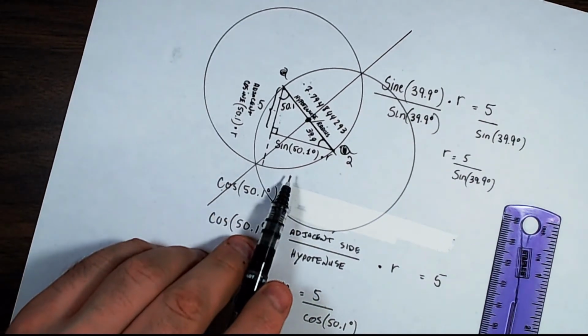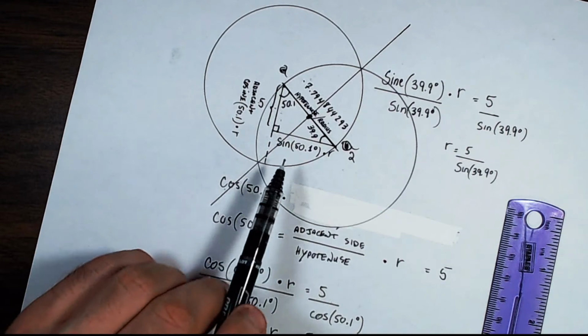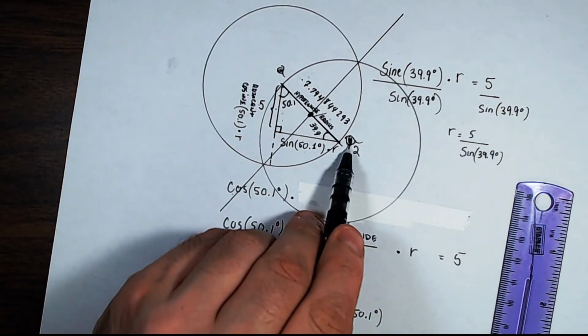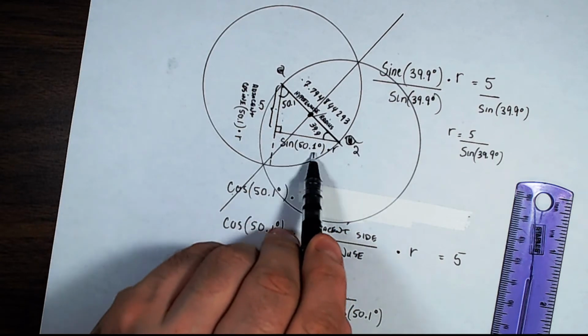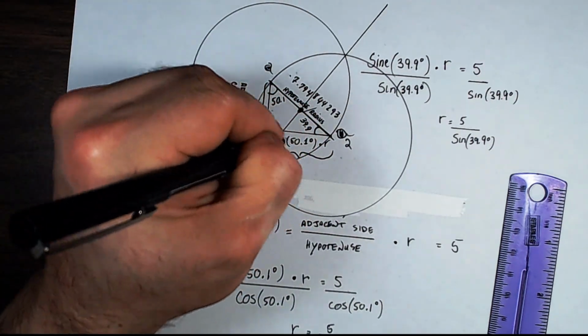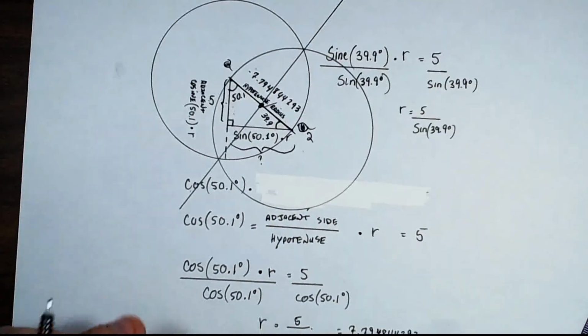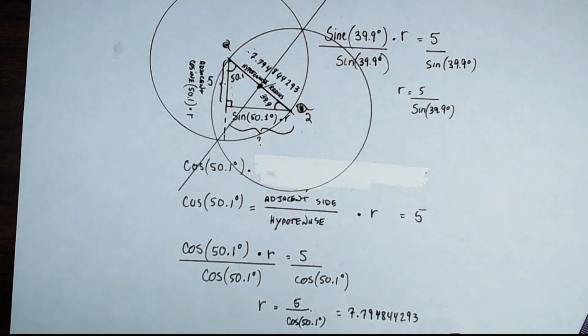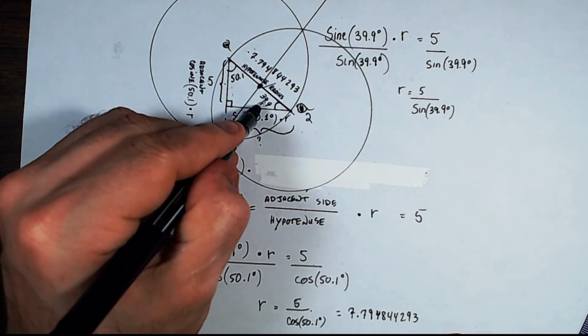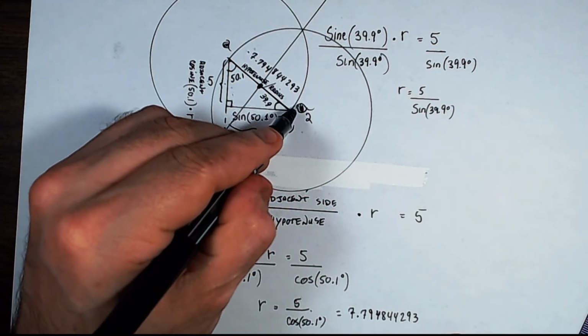Let's see. Did I find the side it wanted me to find? No. So here's the deal. Looking from the vantage point here at 39.9, if I want to know what this side length is, which I still haven't found, I can find it by remembering this is the adjacent side with respect to angle 39.9, or reference point 2.